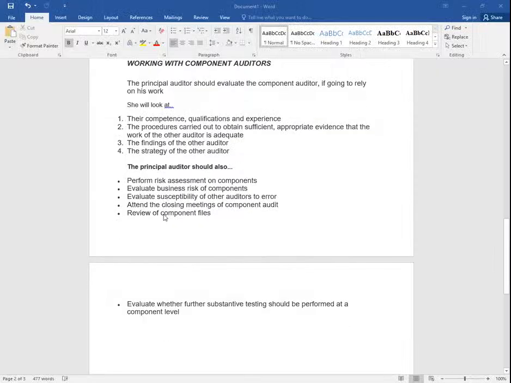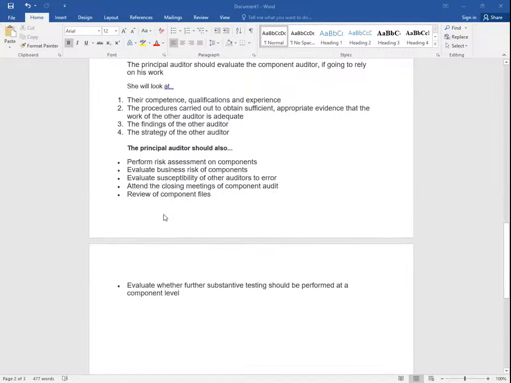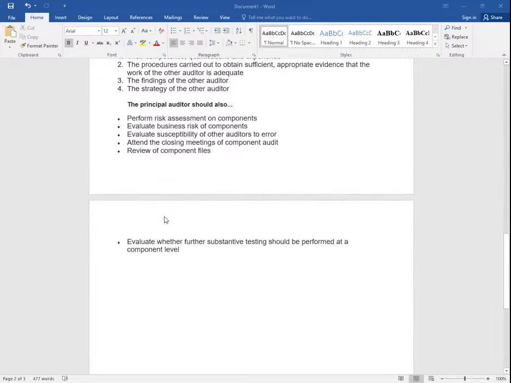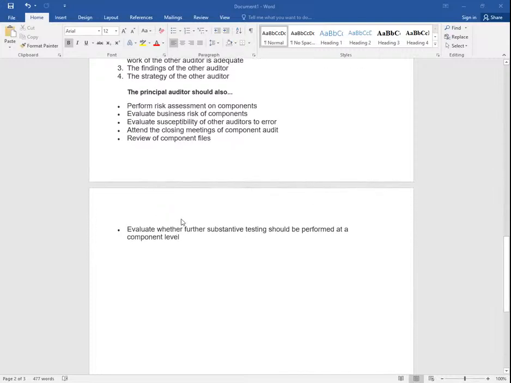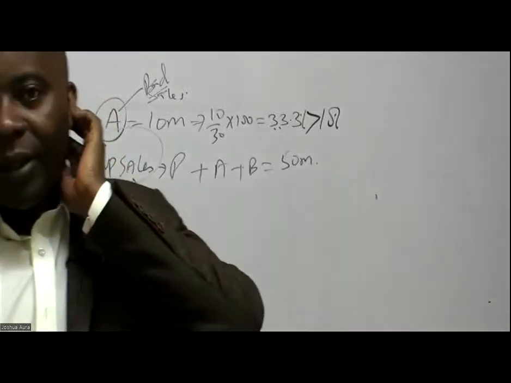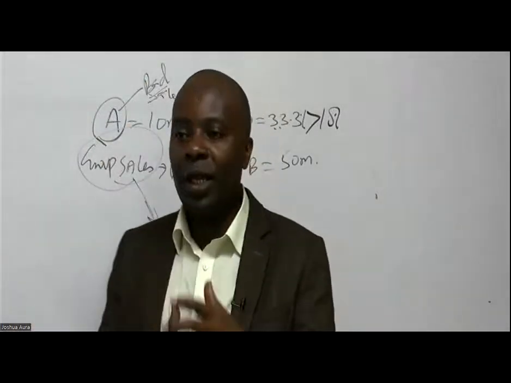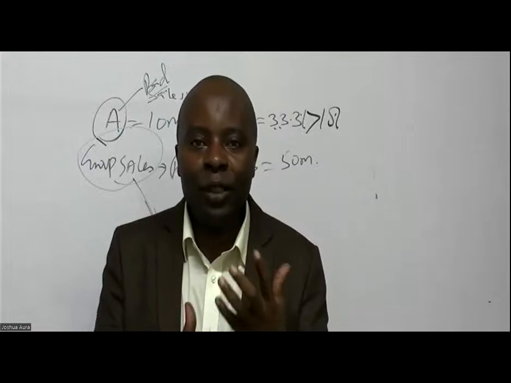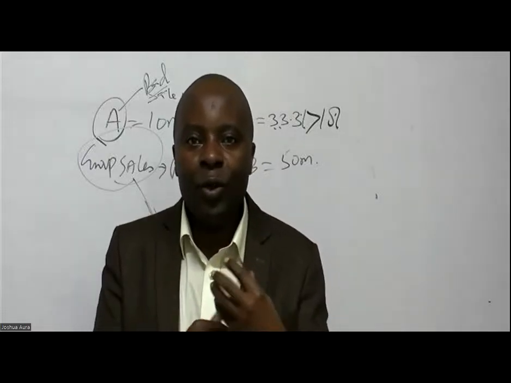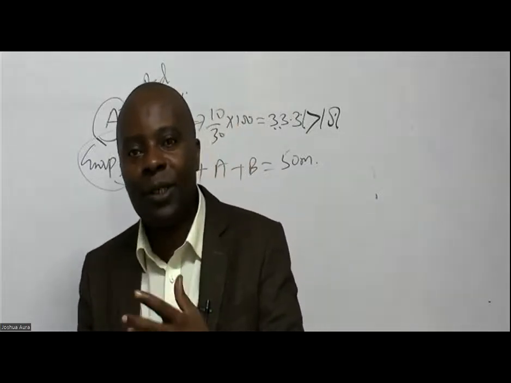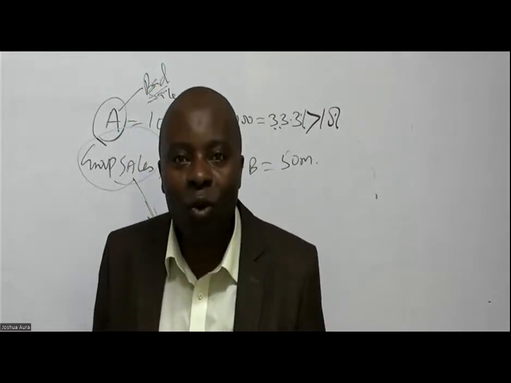Great. Now, ladies and gentlemen, we are told here, review of component files. It's very important that you get to see their working papers, right? Evaluate whether further substantive testing should be performed at component level. Remember, as a principal auditor, if you are reviewing the working papers of the component auditor and you realize that there are gaps, this is your group.